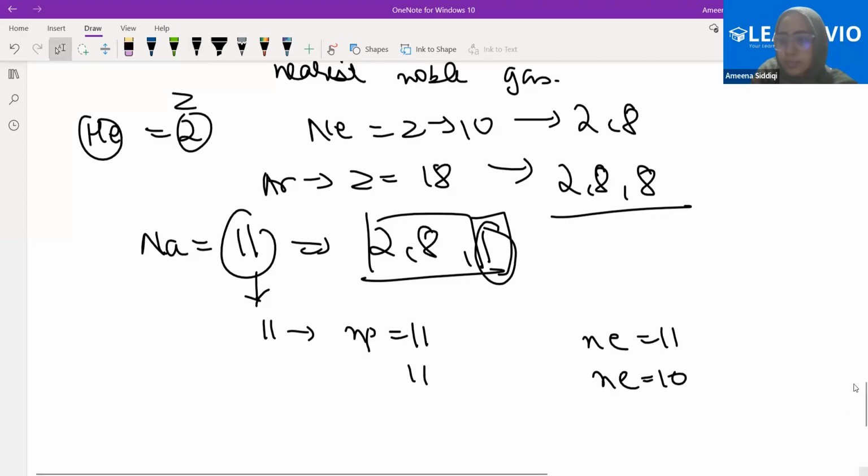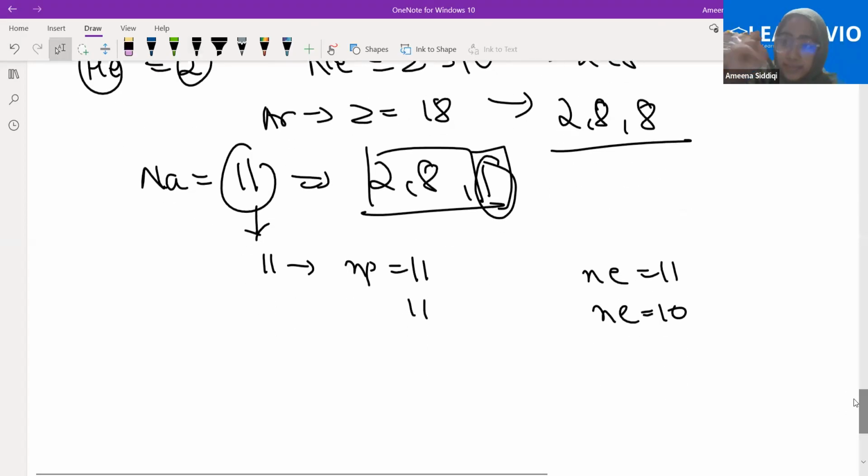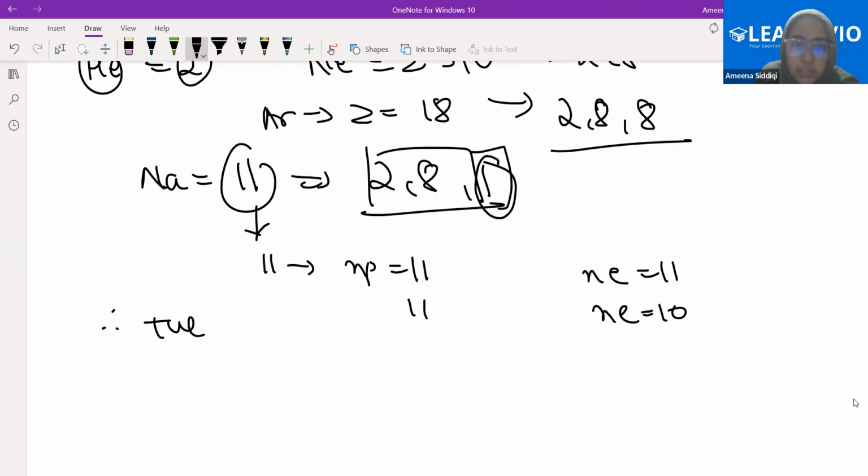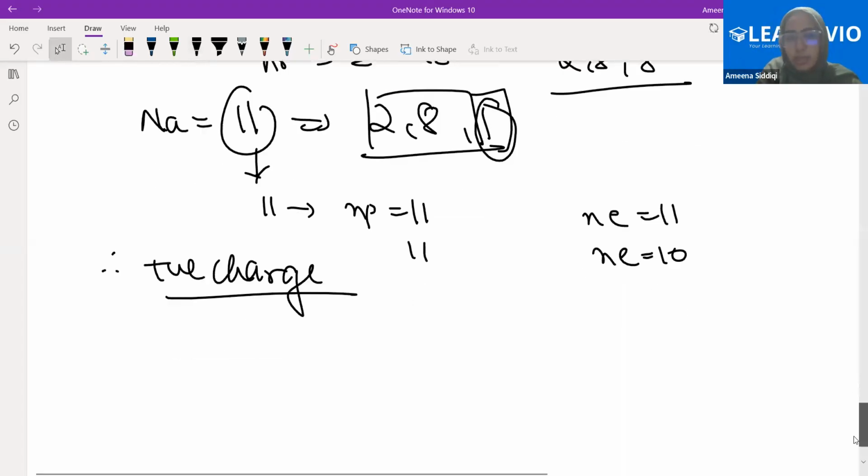So plus 11 and minus 10, which charge becomes greater overall? Positive, 11. Therefore, it will gain a positive charge. Do you understand this, Jia? So whenever electrons are lost in an atom, it gains a positive charge. Clear?